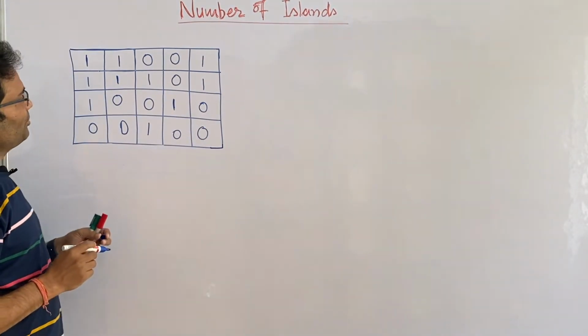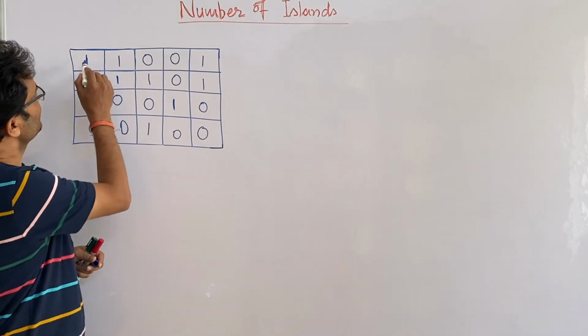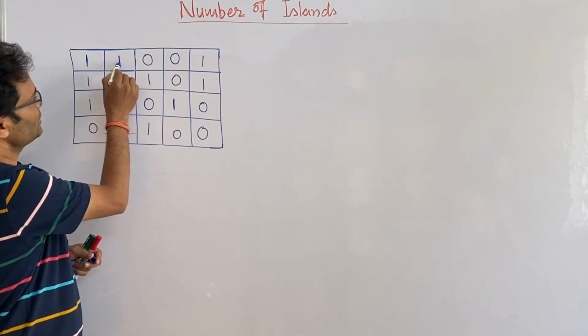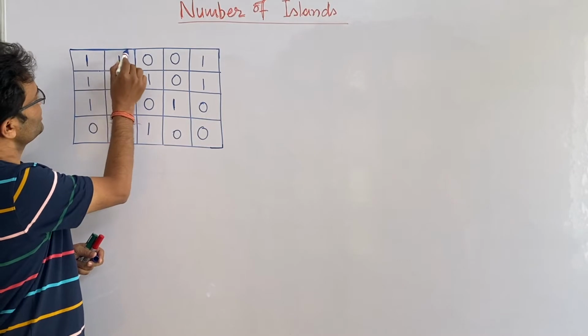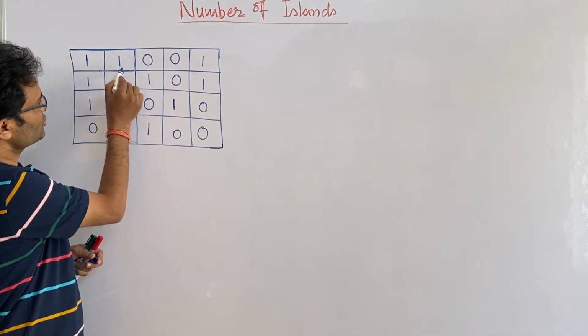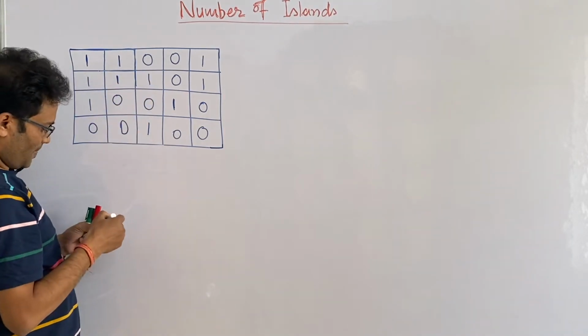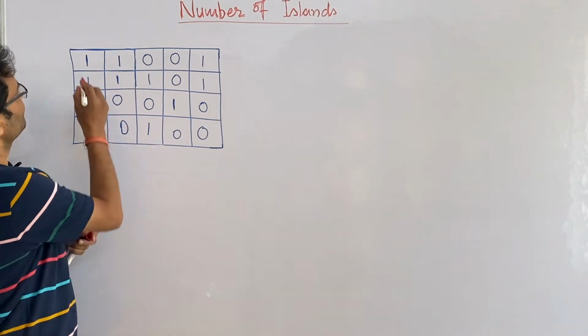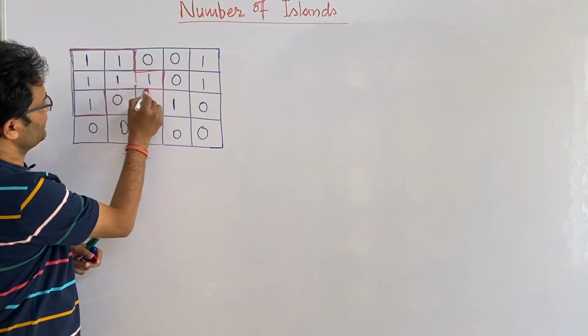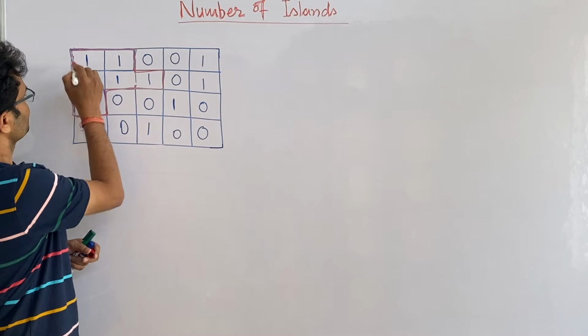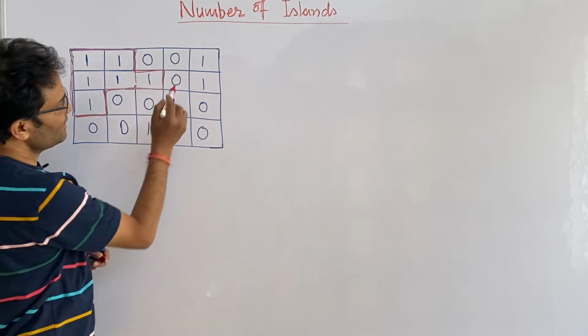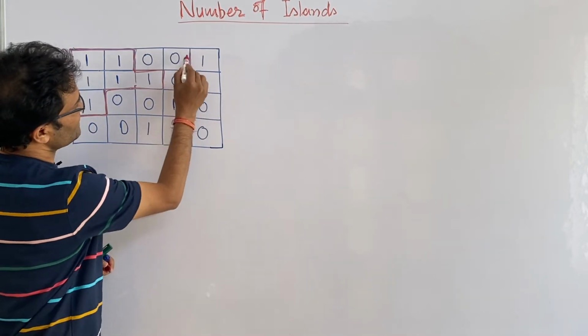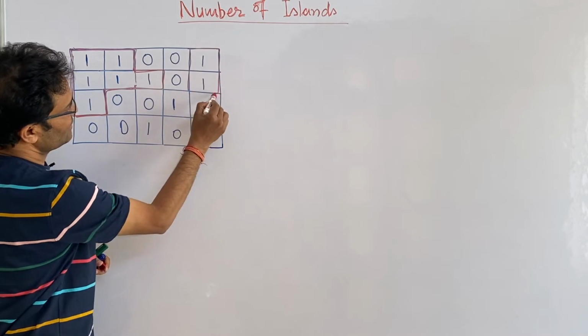So first, see how many islands are there. If this is a 1, this is also a 1, right? So we consider one island, but this one is also connected. So you start from here, one island. And here, see this one is connected with this vertically.